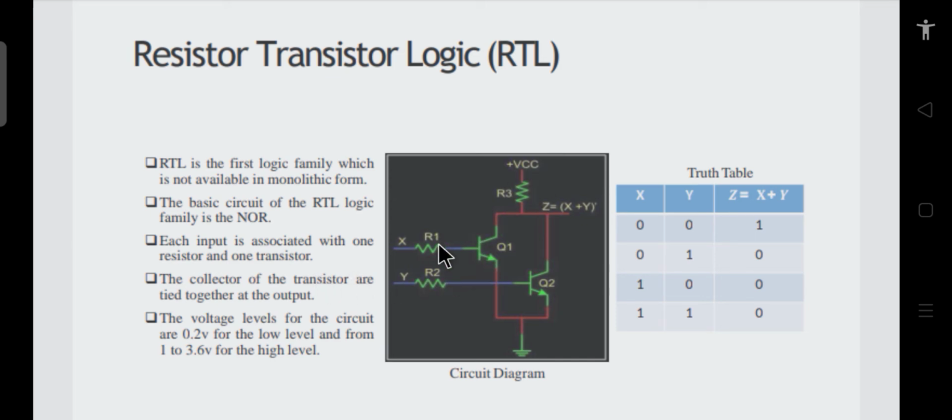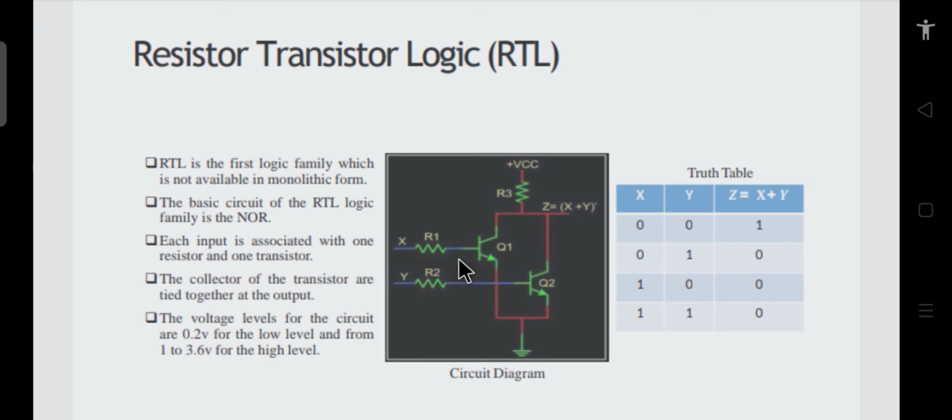In this circuit, if you make both the inputs 0 0, as you know, this is an NPN transistor and this is also an NPN transistor, so we are using two NPN transistors here. These transistors are current driven.